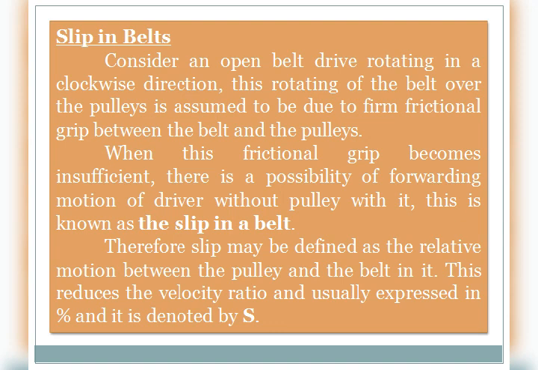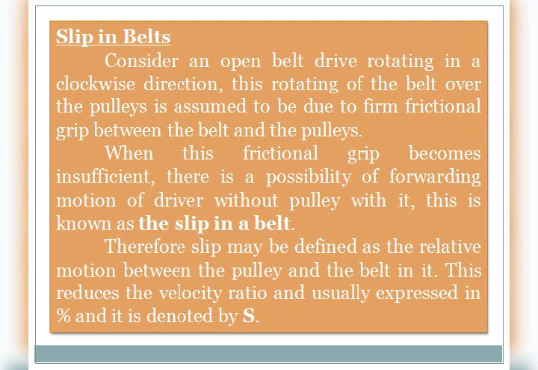Automatically in that particular case it is going to become loose or that grip becomes insufficient. There is a possibility of forward motion of the driver without the pulley moving with it. This is known as slip in the belt. If the belt is unable to transmit the power from driver to driven, such a phenomenon is called slip.